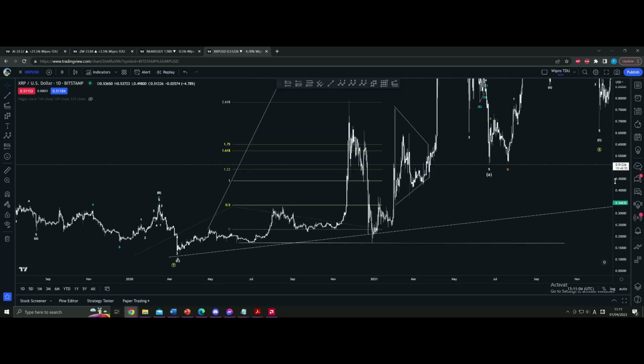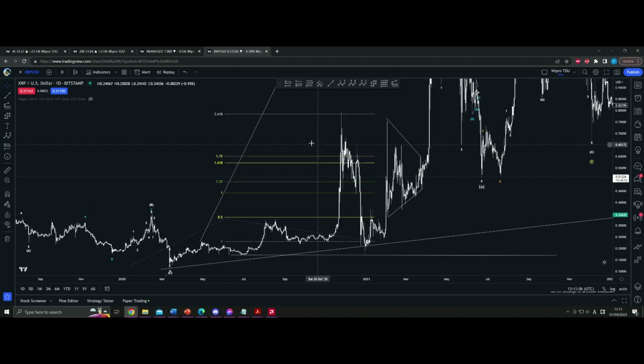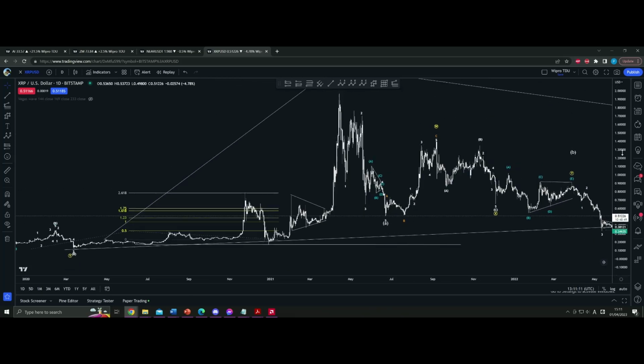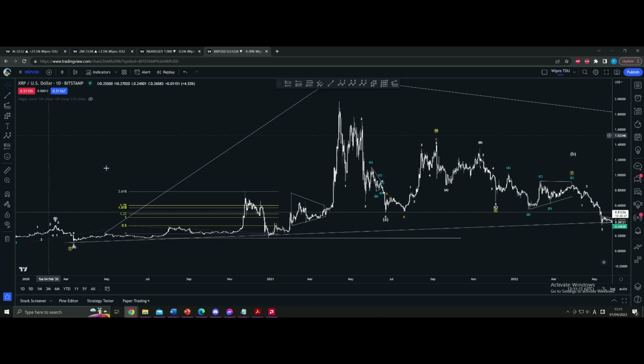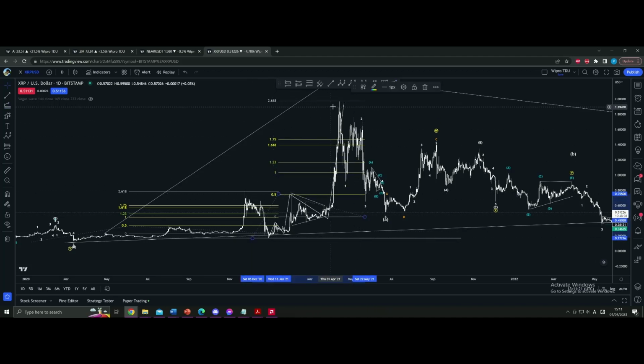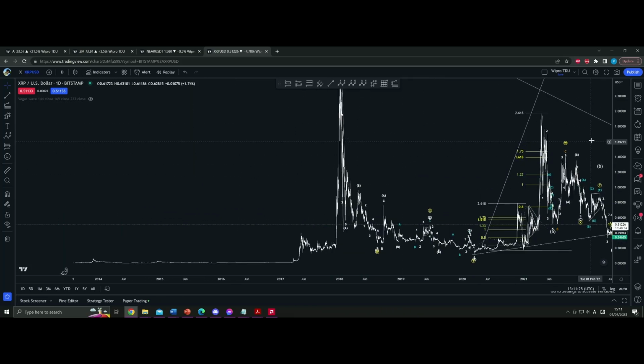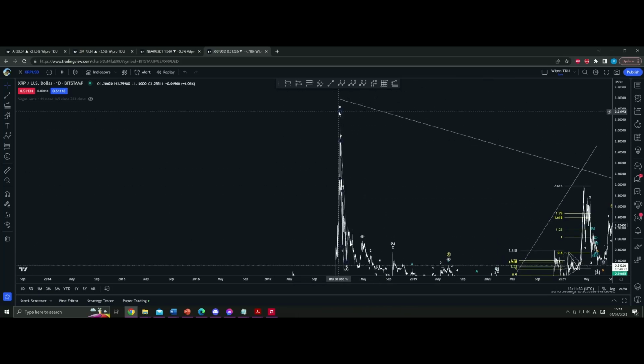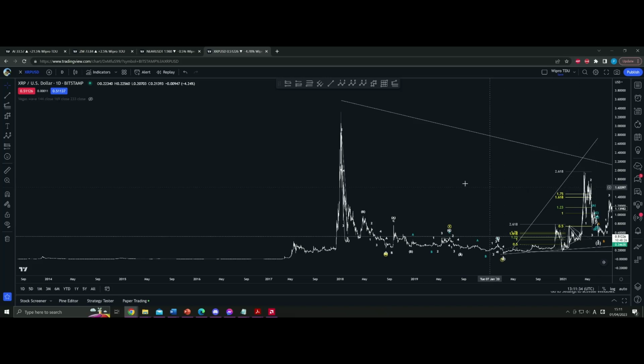All right, and here what do you have? You have 2.618. Another one. This being 1, 2, 3, 4, and 5. Look at that. Another one. This is 1, 2, 3, 4, and a massive ripper for a fifth wave.